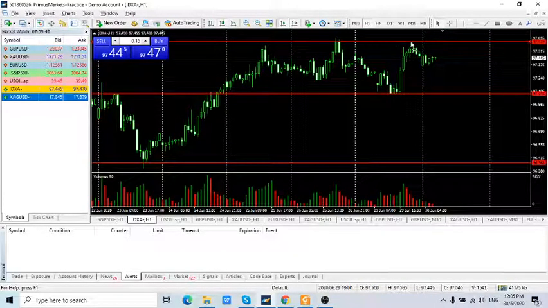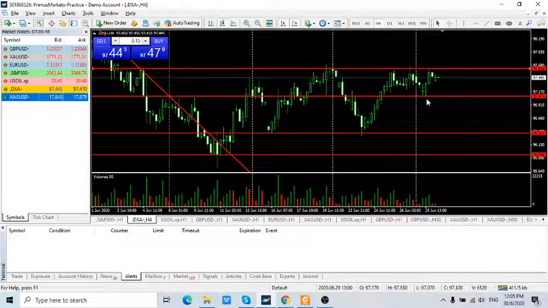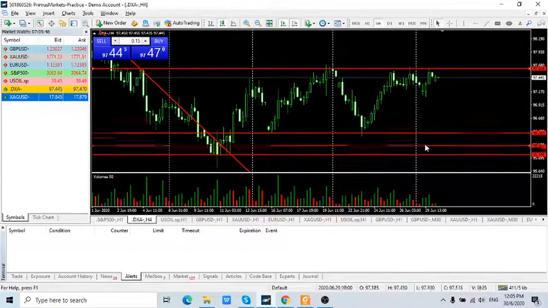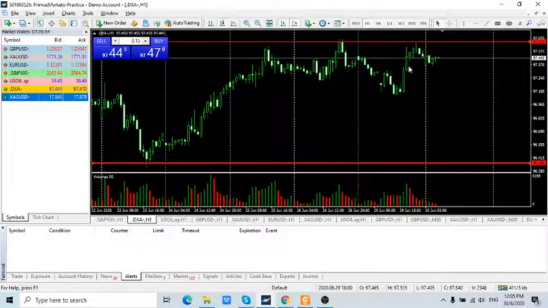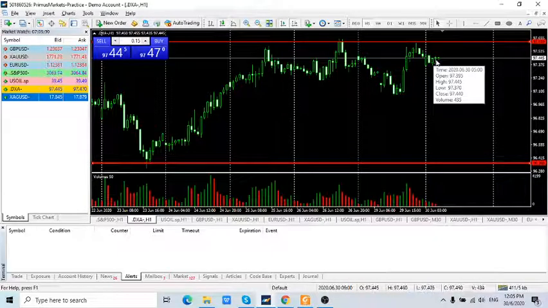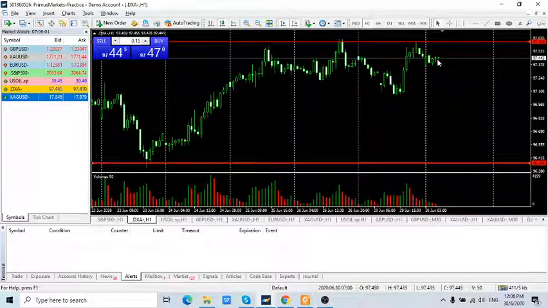Okay, by the way, this resistance is also a resistance or the higher range of a consolidation phase on the H4 charts, H4 time frame. Okay, so yeah, it goes back up, tested, and currently it is a bit quiet for this morning's trading. Hasn't really found its direction yet, so we'll wait and see later on.